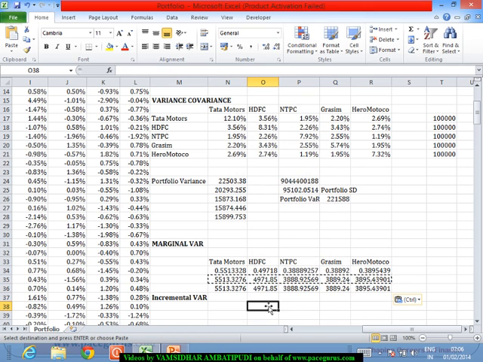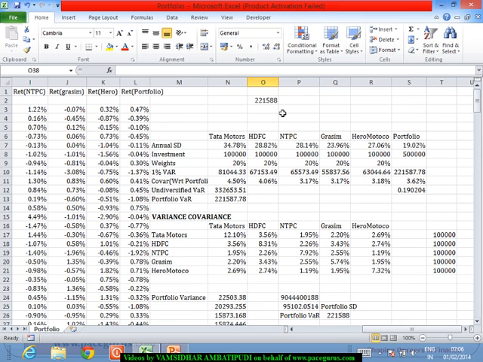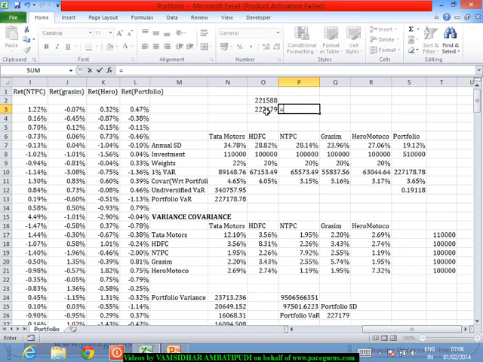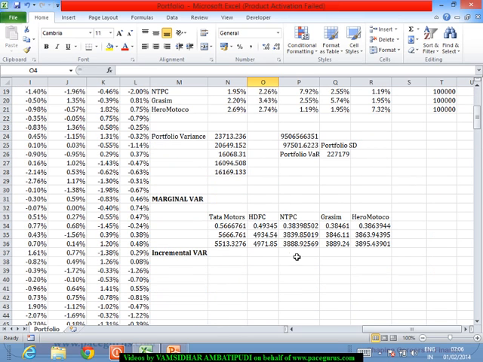So 5513 was the marginal VAR initially, but now, assuming I make it 110,000, I'm seeing that this is becoming 227,179. So the incremental is this minus this, which is 5591, whereas earlier it was only 5513. So that is what we are calling incremental VAR.